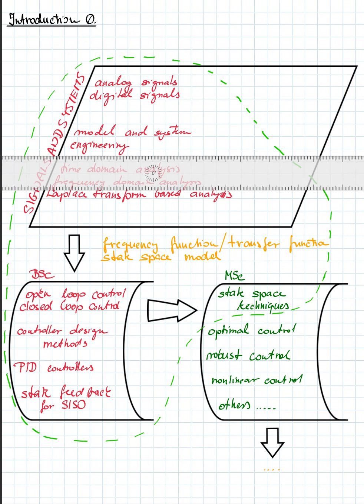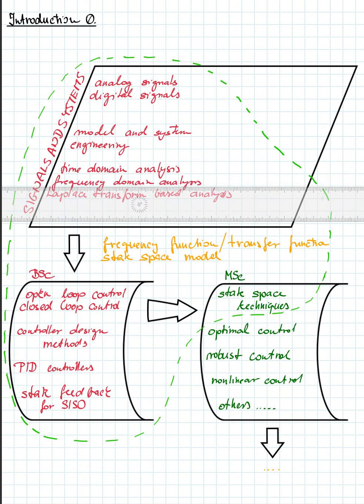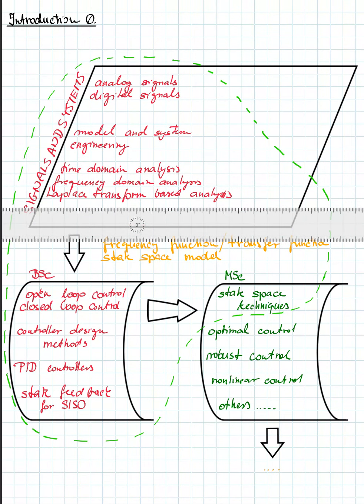And after our model is ready and we have identified this model via real measurements, we can study the behavior of the system. There are many techniques to analyze a system: in the time domain analysis, in the frequency domain analysis, and in the Laplace transform based analysis. So these are the things we need as the first step.